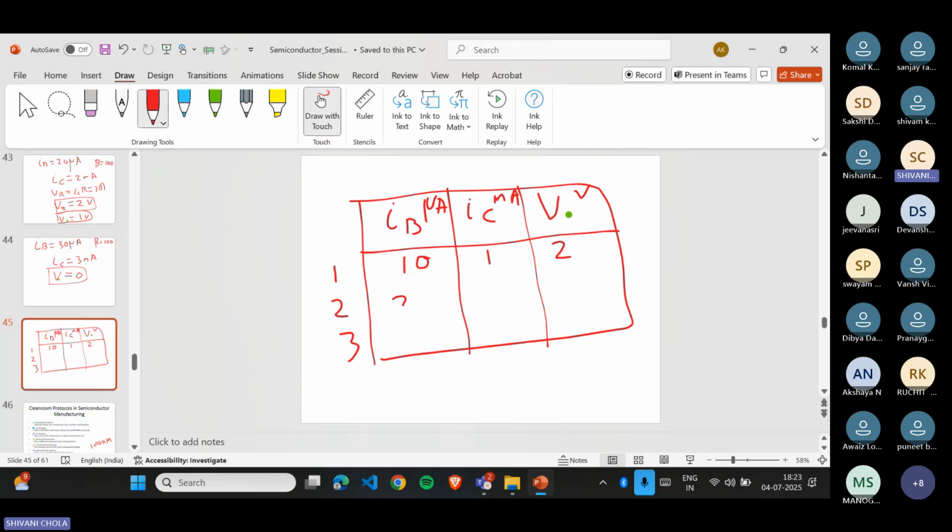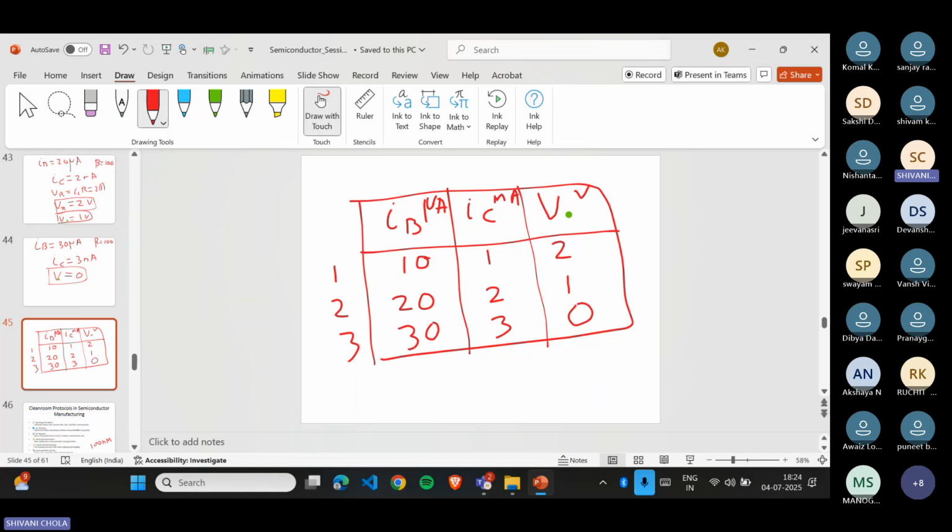When you increase IB to 20, your current in the collector also increases to 2 milliampere, but the potential at the green point drops to 1. But in the third and important case, when the current through the base was 30, the current through the collector was 3 milliampere. It was maximum, and the potential at the green point was 0.